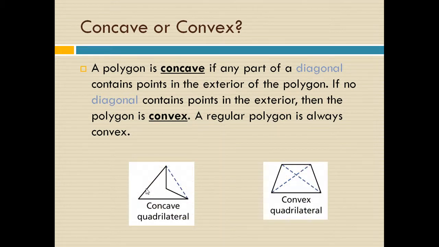Concave, you see on the left here, because we have an indentation, just like the arrow, we have one of the diagonals that goes outside. If it's outside of the figure, it's concave. These, you see the diagonals go clearly inside your shape, therefore it is convex.